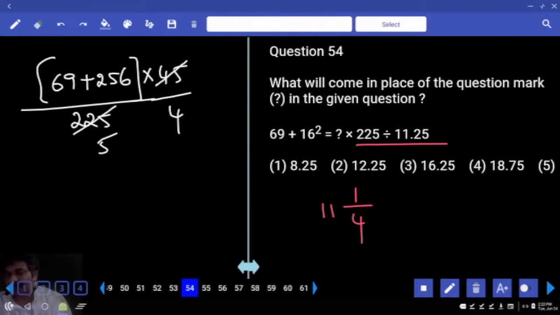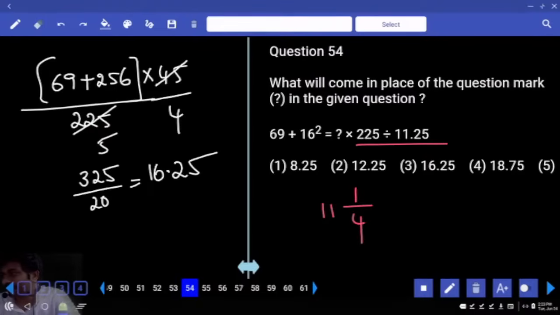Come on. Numerator 325. 325 divided by 4 into 5, 20. 16.25. Don't change 0. Cancellation with 2. 162.5 divided by 10. 16.25.